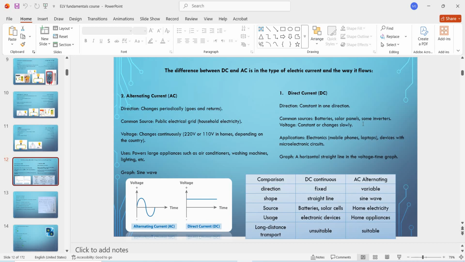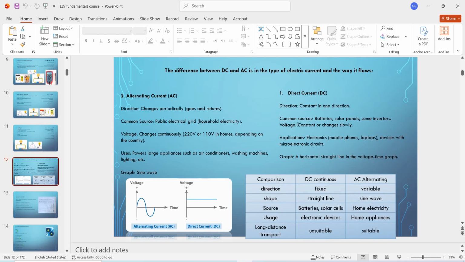This is how we get the DC and the AC. The AC voltage is continuously 220 volts or 110 volts in homes. It depends on the country. Some countries, like Egypt, use 220, while another country, like Saudi Arabia, uses 110 volts.